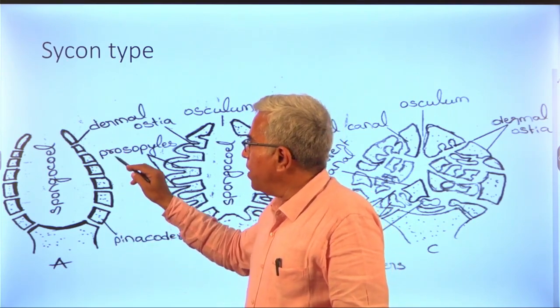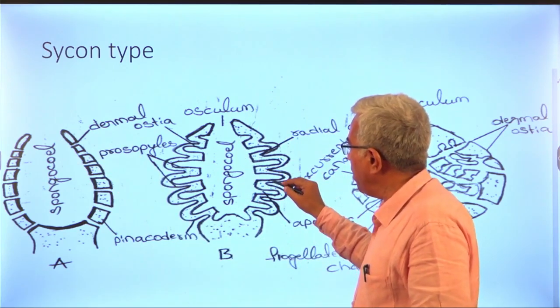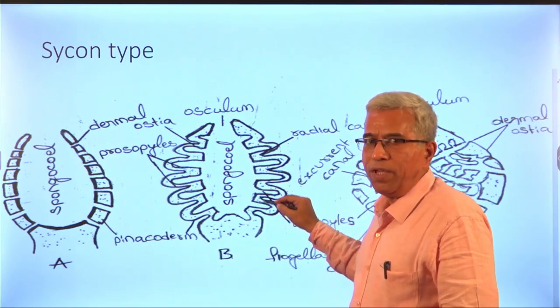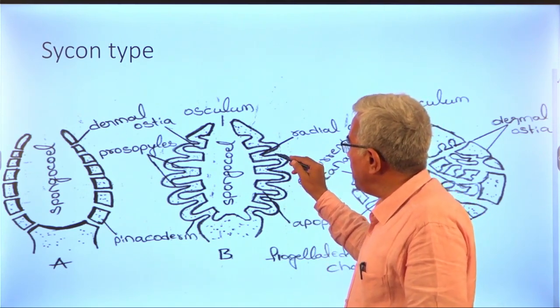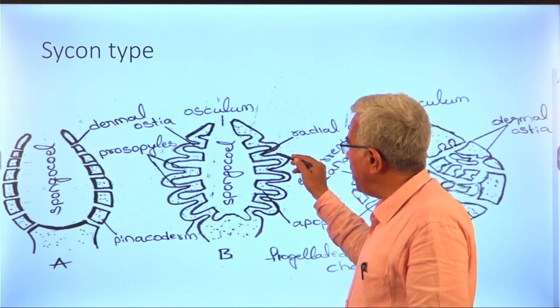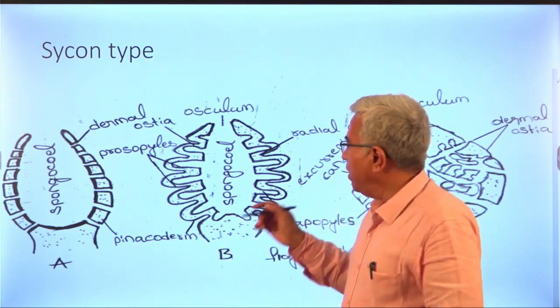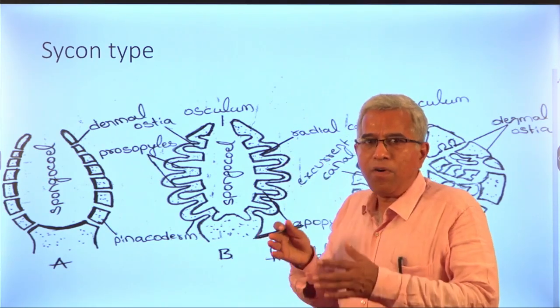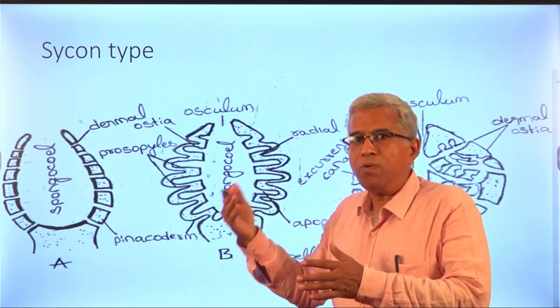In Ascon type, there is only ostia, spongiocele, and osculum, whereas here you see the body wall showing invaginations and evaginations. The ostia are opening into invaginations, which form incurrent canals. Incurrent canals are formed by invaginations and they communicate with the outside through ostia.